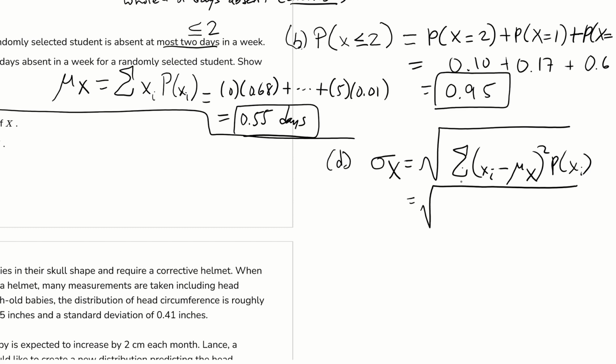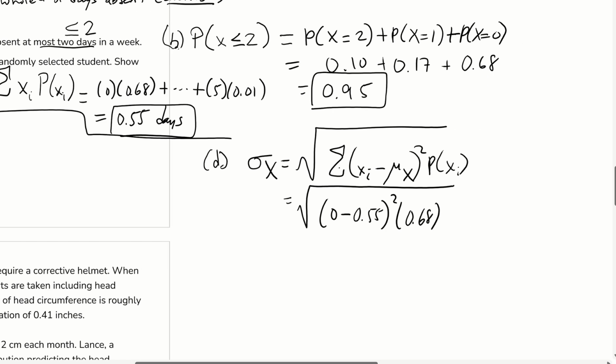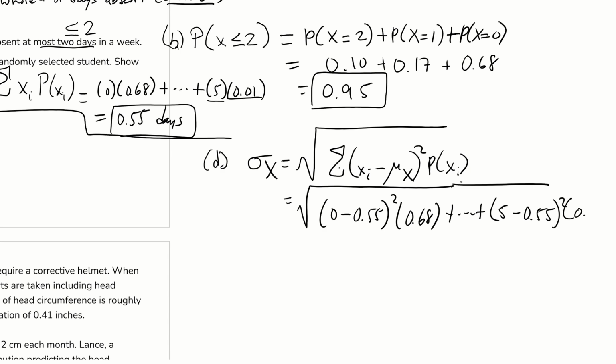Sorry, I need to write down the formula. All right, so we have to subtract the x value. The first x value is 0 minus the mean, 0.55, squared times the probability of 0.68, plus dot dot dot. Then we have 5 minus 0.55 squared times 0.01.